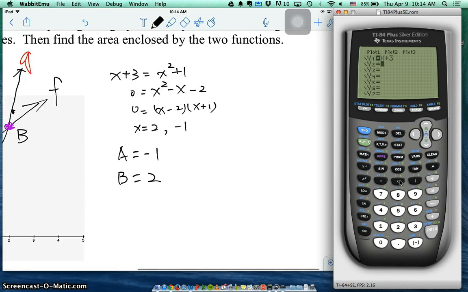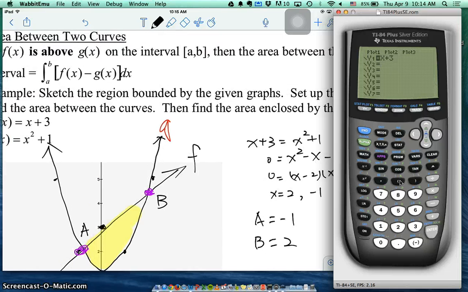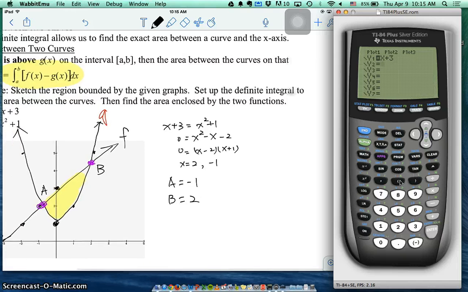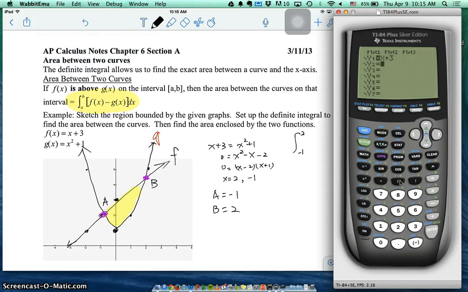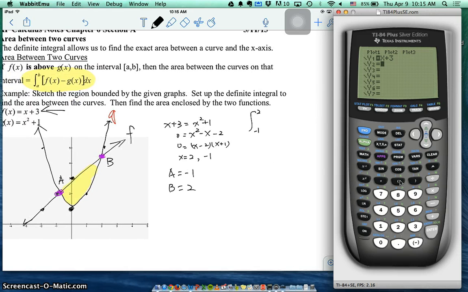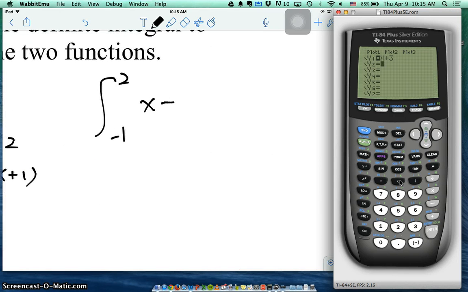From that we can use our formula from the very beginning. A is negative 1, oh sorry, wrong sign, A is negative 1, B is 2, and f of x is x plus 3 minus g of x, which is x squared plus 1, dx.